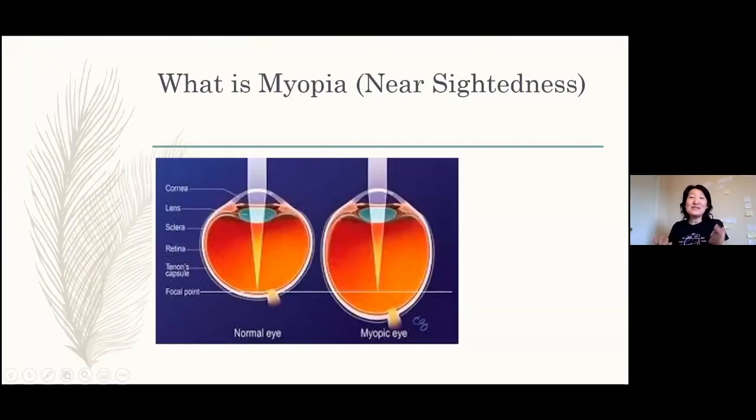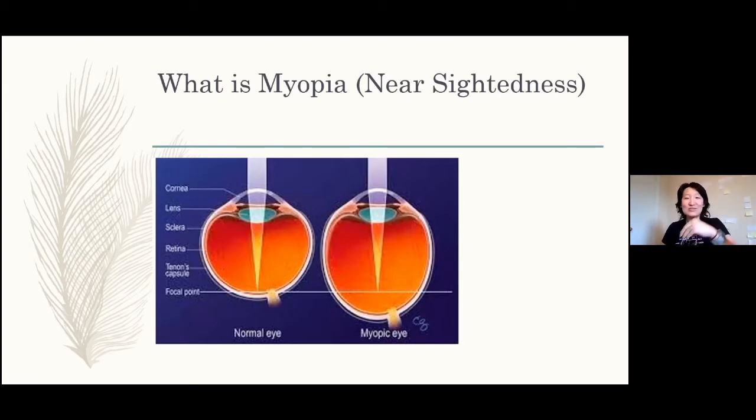Okay, so what is myopia or nearsightedness? When you look at a normal eyeball, in order for you to see clearly, the light goes into your eyeball, it's refracted by the lens part in your eye, and it touches a focal point on the back of your eye, so then you can see things clearly. When you're nearsighted, your eyeball is longer than it normally would be.